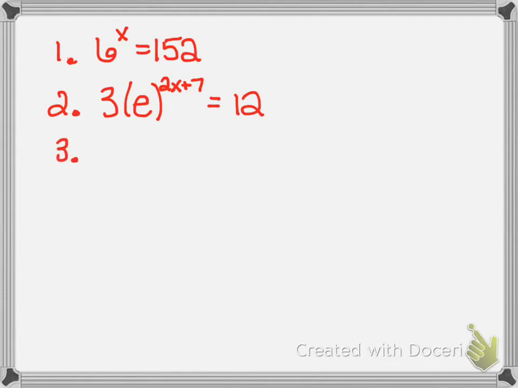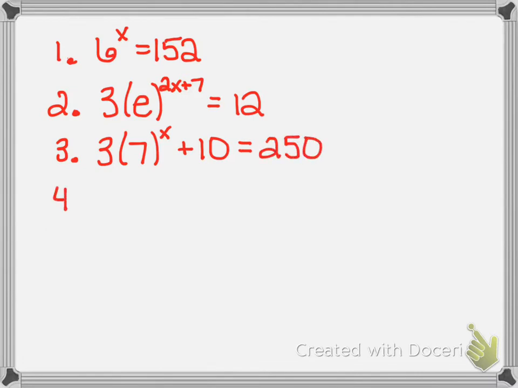The third practice problem is 3 times 7 to the power of x plus 10 is equal to 250. And the fourth practice problem is -1/5 times e to the x minus 3 is equal to 17.